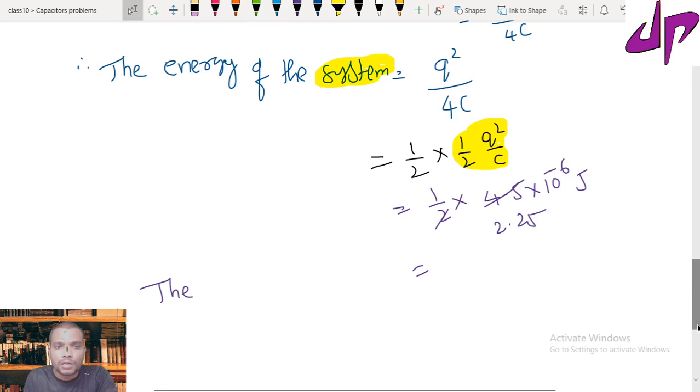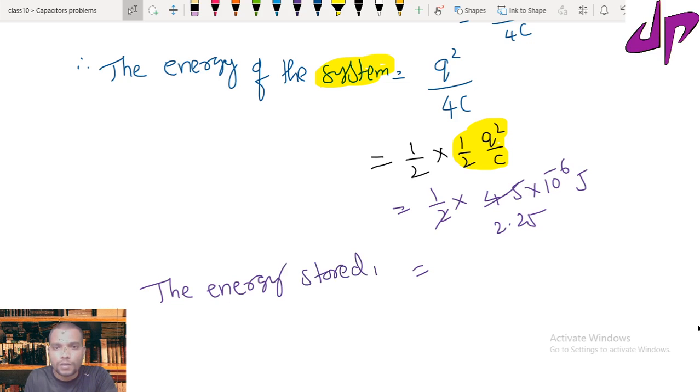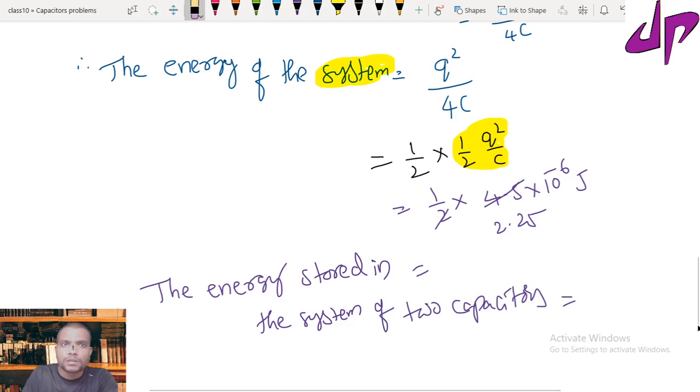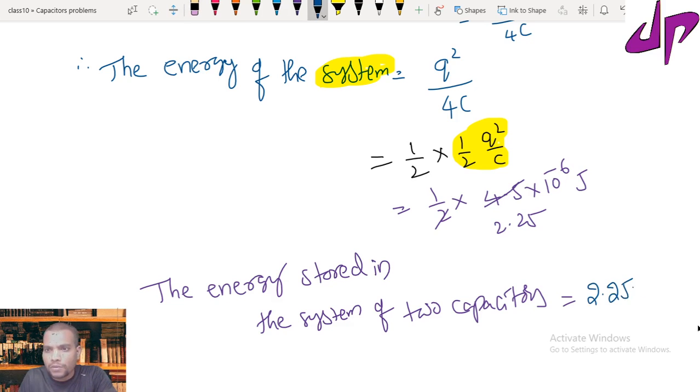Therefore, the energy stored in the system of two capacitors, how much is it? It is 2.25 times 10 power minus 6 joules.